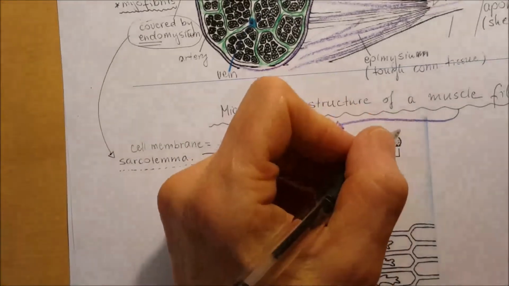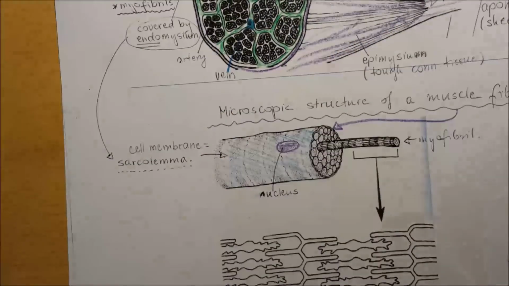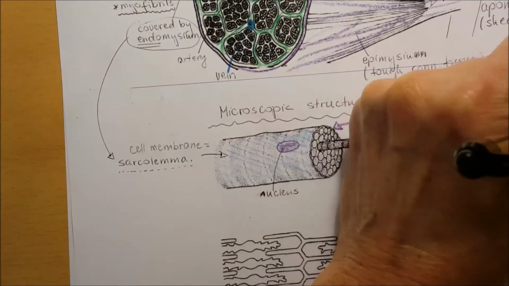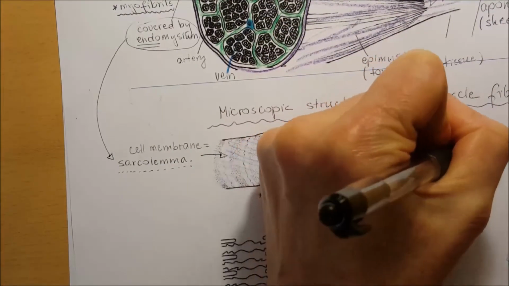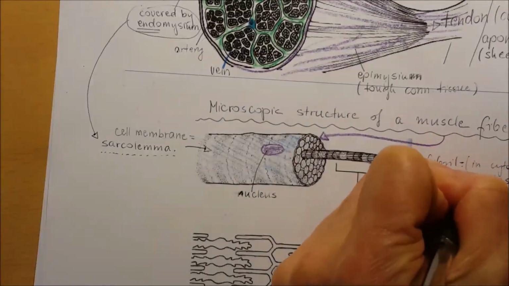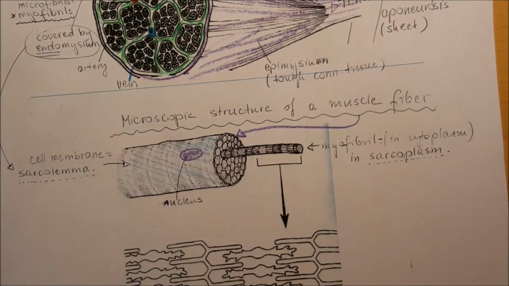This is how they relate to each other. Inside of the muscle filament, we have the myofibrils. These are very thin protein structures. They are in the cytoplasm, but the cytoplasm is called differently in the muscles. It's called the sarcoplasm.